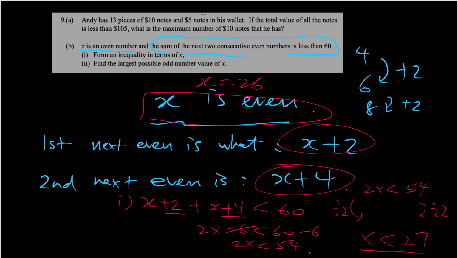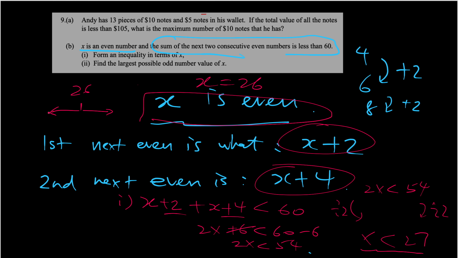Now you ask yourself, 26 is here, right? The largest possible odd number value of x, right? So for the odd number, it can go left, it can go right.